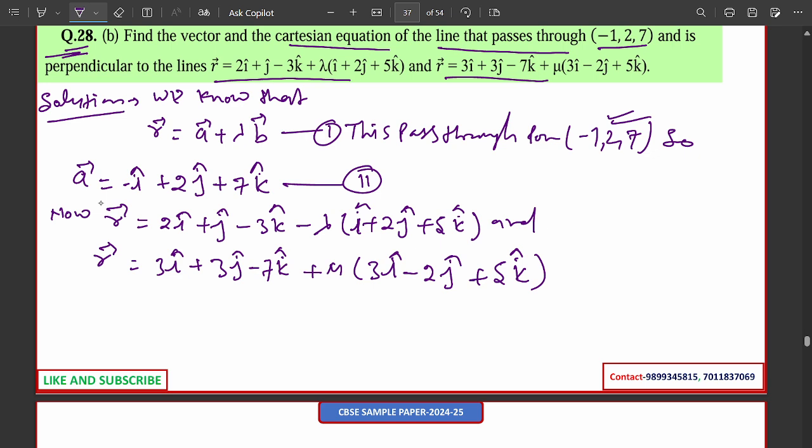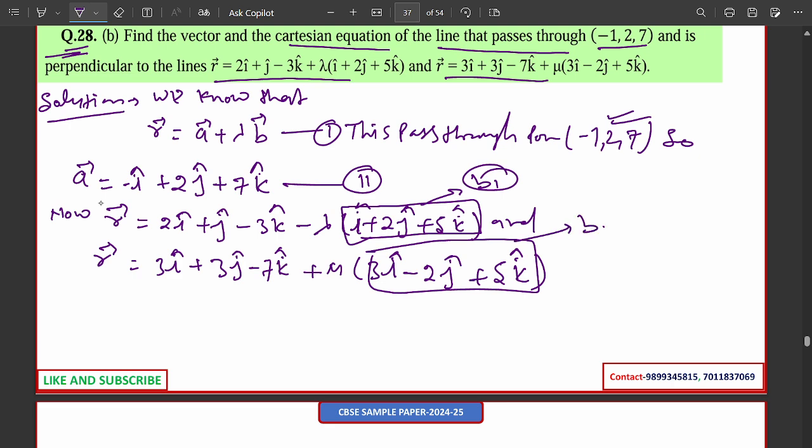So according to this, this one is B1 and this one is B2.